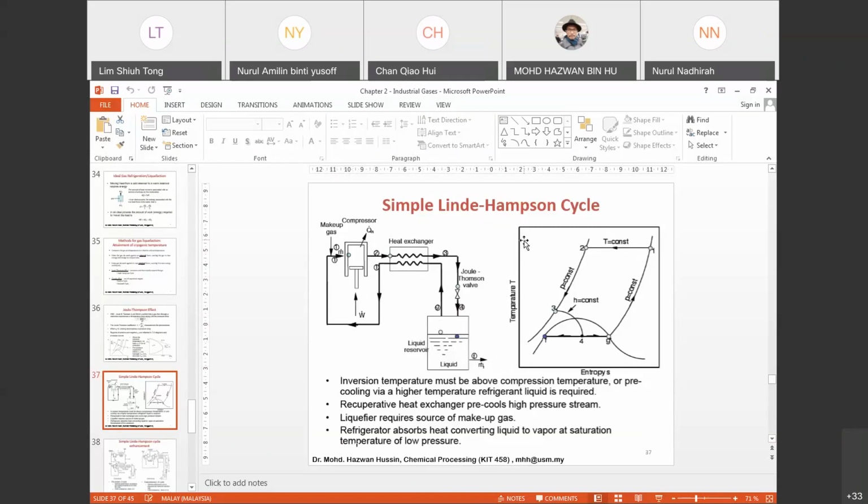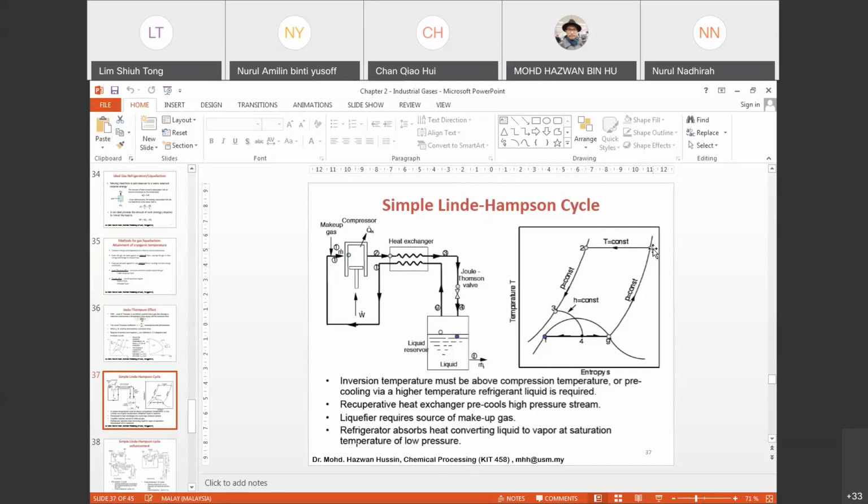Over here, this is the temperature-entropy profile. You can see that at high temperature, with a high value of entropy, you decrease the entropy. How does the entropy decrease? Because you apply some work here and compress it.